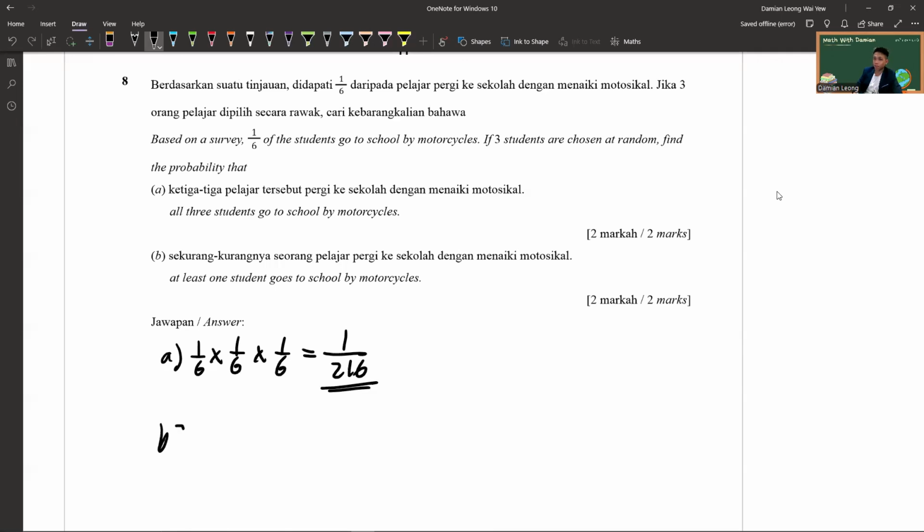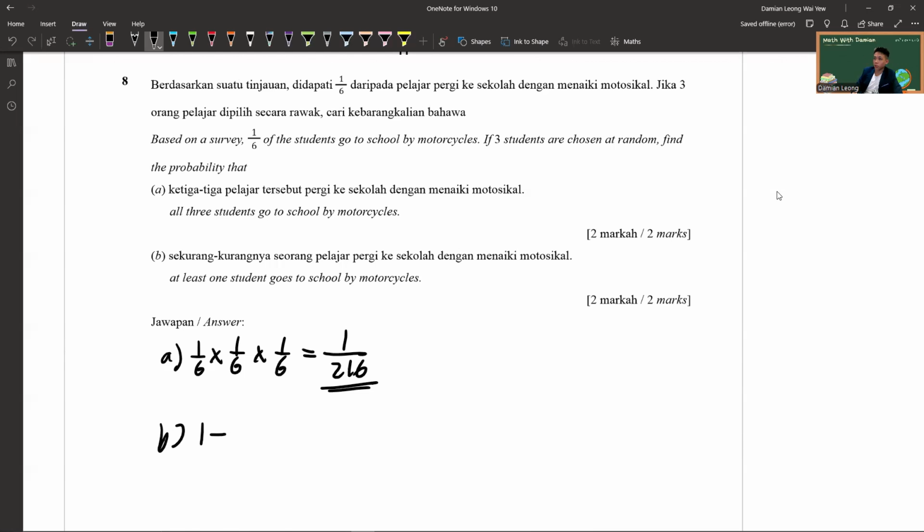That's part A. Part B, at least one student goes to school by motorcycle. So usually for at least or at most, we would prefer to use 1 minus what we don't want. So 1 minus none of the students go by motorcycle.